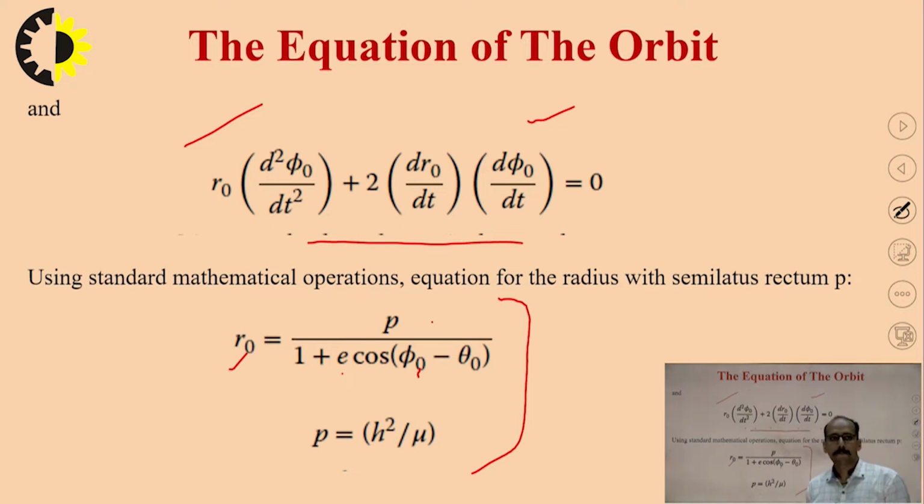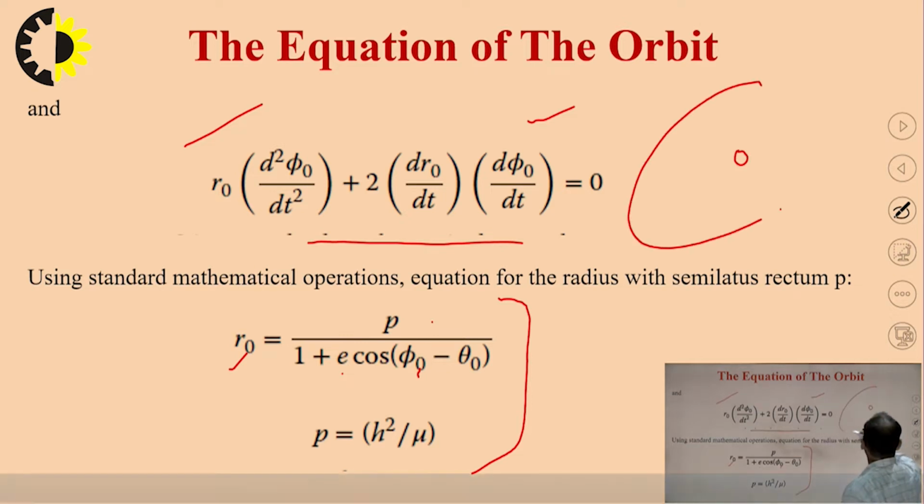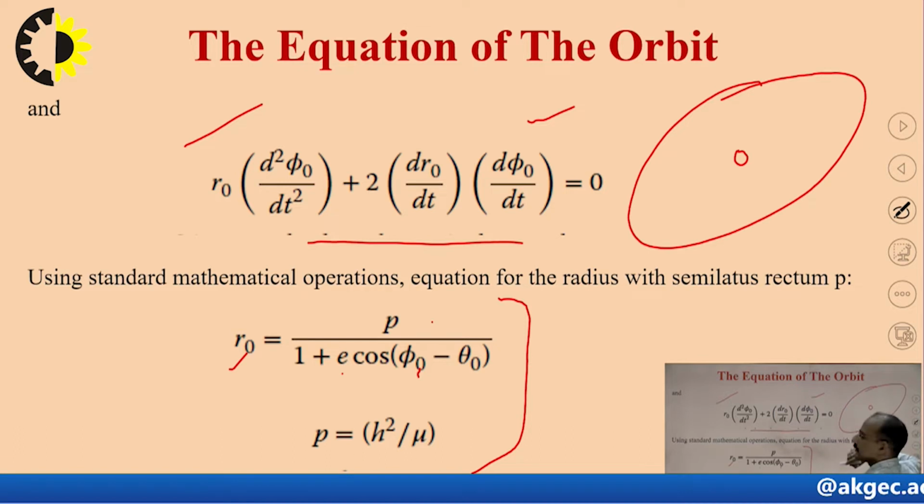So now, till now we have just found the equation of the orbit, meaning this is the Earth, this is the orbit of the satellite, and the satellite is rotating in the orbit.